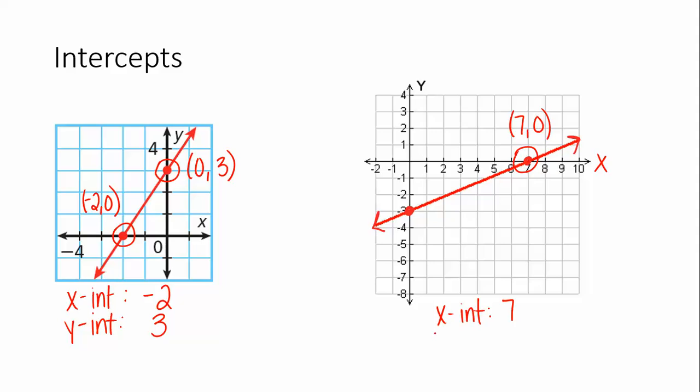The y-intercept is again where the graph crosses the y-axis, and that's occurring at 0, -3. Remember, when we name a point, we're starting at the origin. You move horizontally first and then vertically. So the y-intercept is -3. So when looking at a graph, are you able to pick out where the x and y-intercepts are occurring?